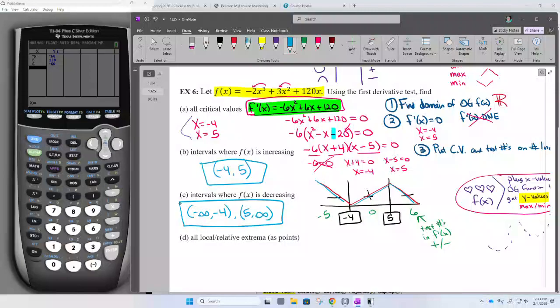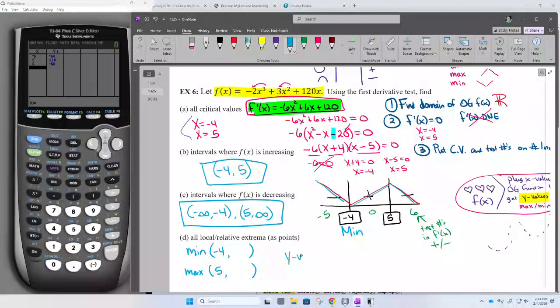And it's wanting to know, are there any local or relative extrema? That means max and mins. So we have a minimum happening right here because it goes down and then up. So I'm going to write that we have a min at -4 something. And then we have a max at 5 something.